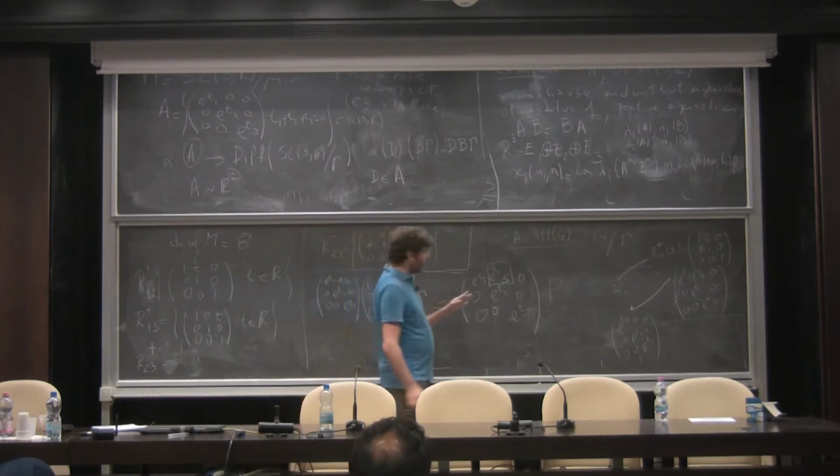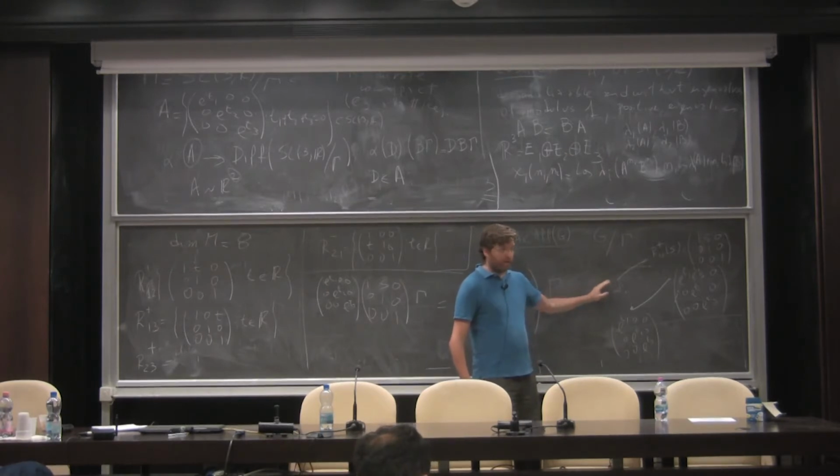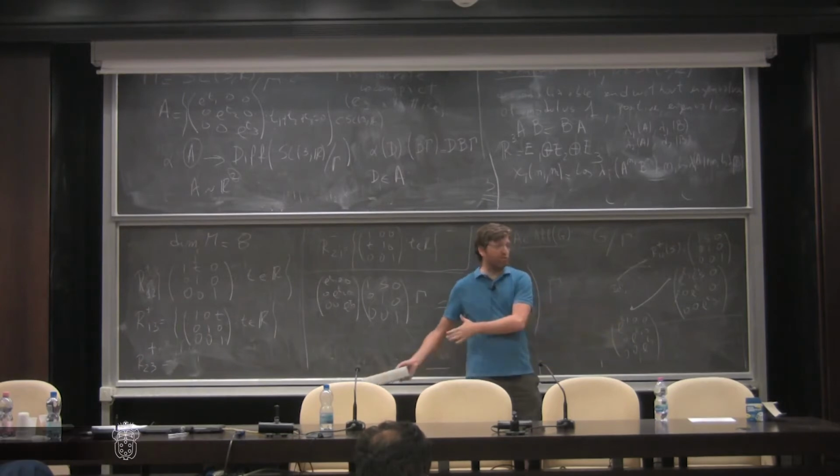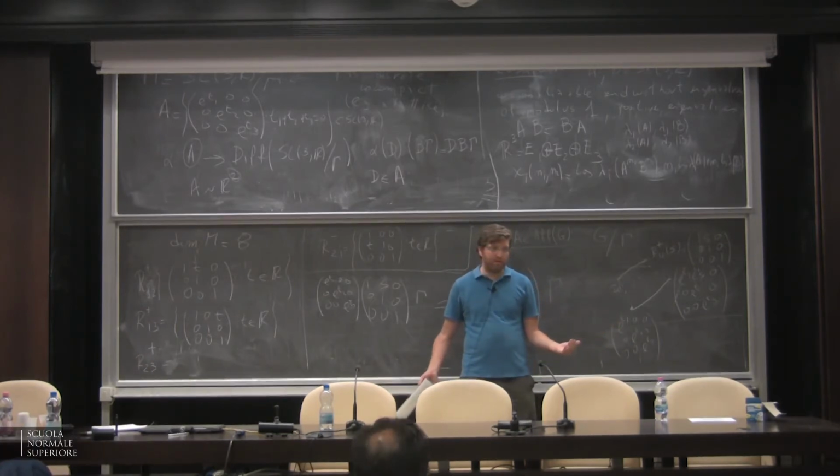There are two ways of taking things back to the identity element. One is left multiplying by this matrix, but that will just undo what I just did, so that's not interesting at all.